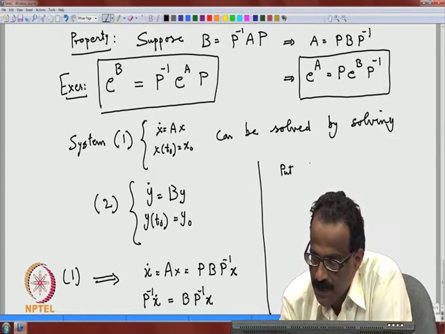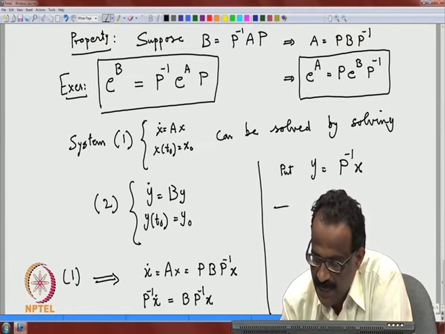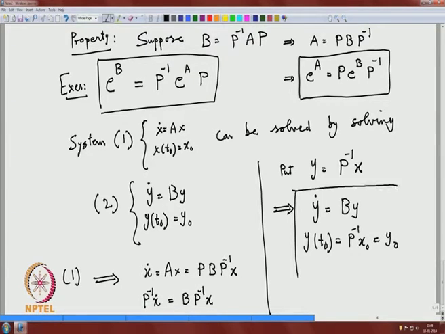So, you put y is equal to P inverse of x, that implies y dot is equal to By. And what is y at t naught? Y at t naught is nothing but P inverse of x at t naught, that is x naught, and this you call y naught.